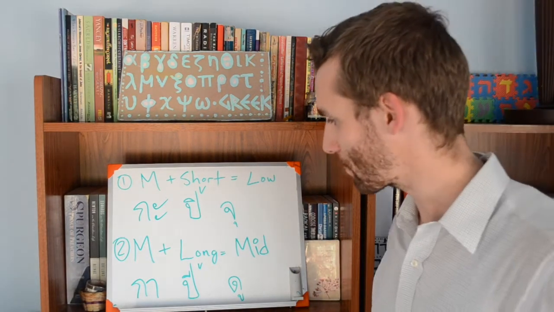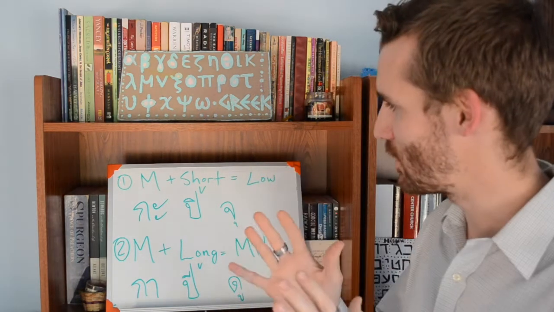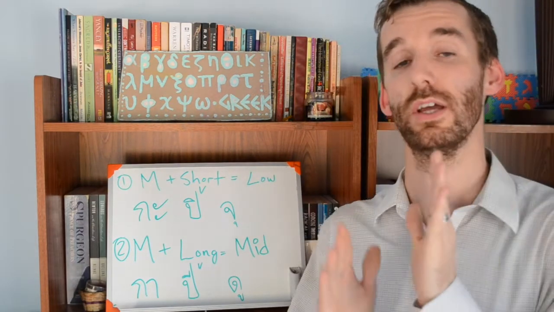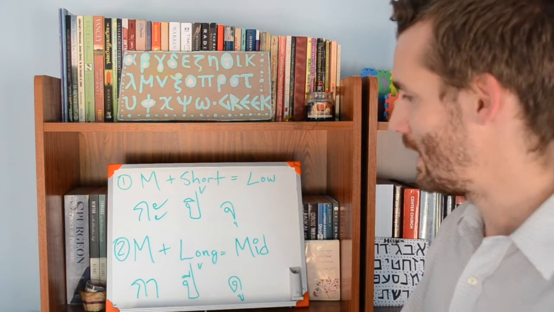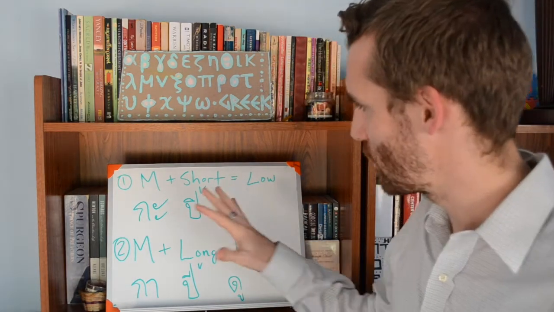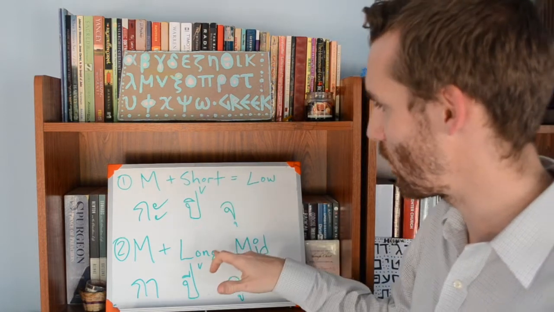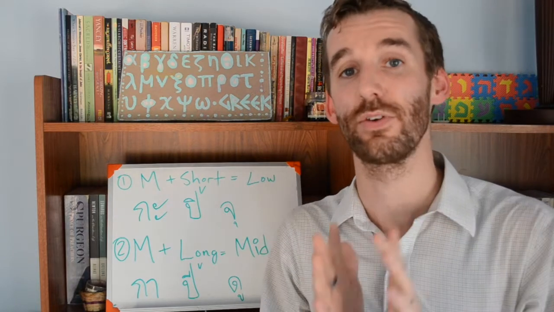Okay, so these are 2 basic rules. Again, I just wanted to keep this short, and so in the next video, we're going to look at the third and fourth rules of the middle class consonants. But just for now, I just want you to know, again, the middle class with the short vowel and with the long vowel, these have to be the final sound of the syllable.